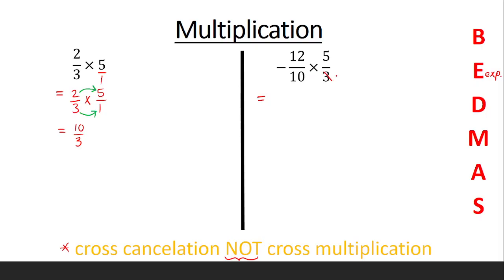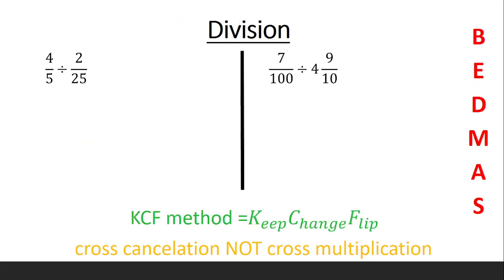So 3 goes into 3 once, 3 goes into 12 4 times, 5 goes into 5 once, 5 goes into 10 twice. So now we're just going to multiply numerator with numerator, denominator with denominator, and I'm going to get a negative 4 over 2, which is just a negative 2.